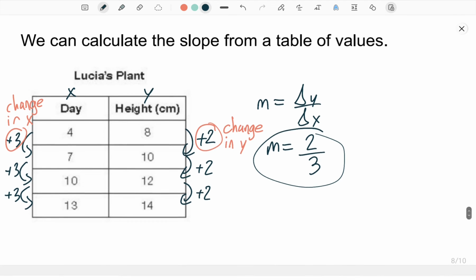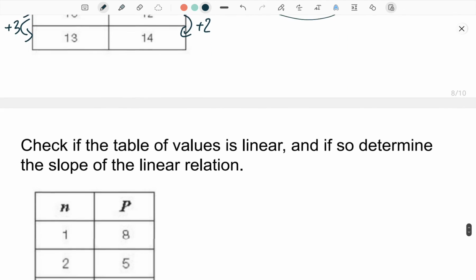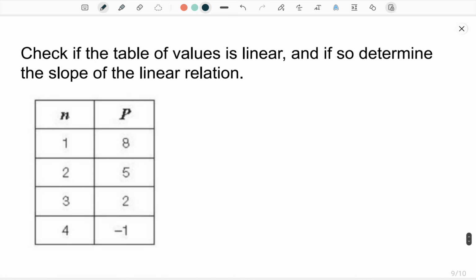Okay, let's take a look at some other tables looking at these differences and then determining the slope based off of that. So again, let's see what's happening in the x column. We're adding 1 each time. And then let's see what's happening in the y column. We're subtracting 3 each time.